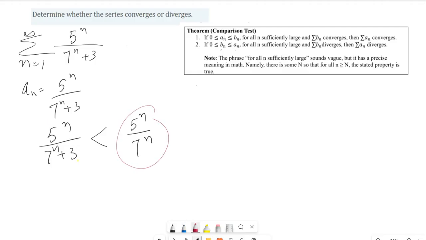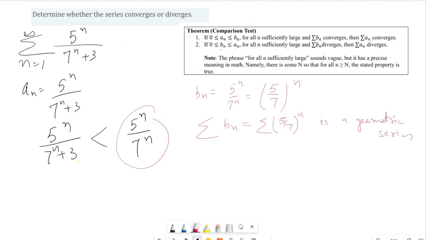This gives me my new series, which I'm going to compare with: Bn is equal to 5^n by 7^n. You can write it as (5 by 7) power n. What do we know about sigma Bn? This is a geometric series with common ratio equal to 5 by 7.